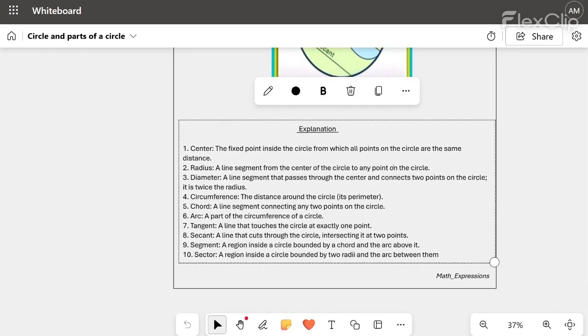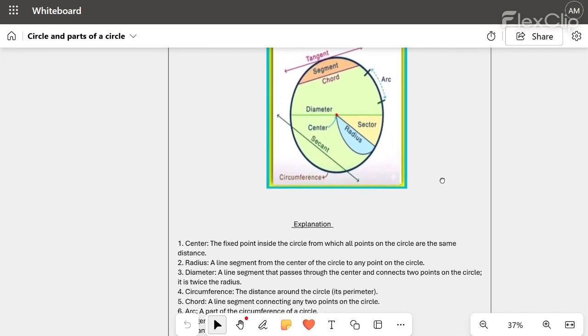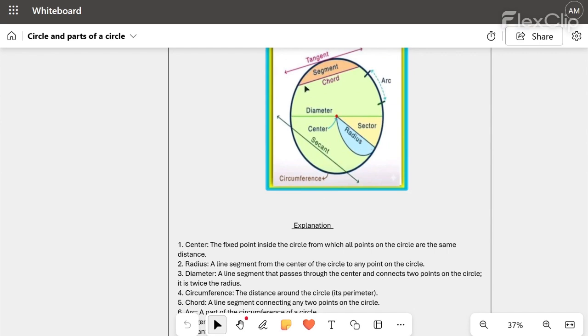Then, looking at number five, we have chord. A chord is a line segment connecting any 2 points on the circle. Yes, a line segment connecting any 2 points on the circle. Let's say here is point A and here is point B. This red line that connects point A and point B is called a chord.